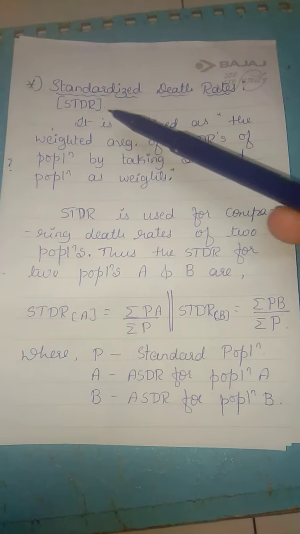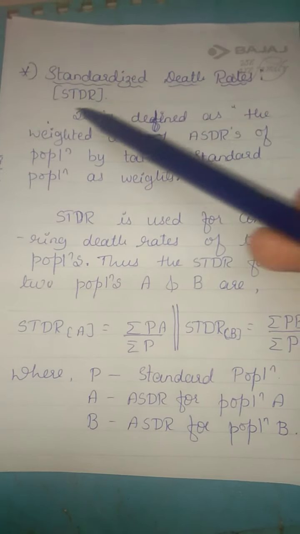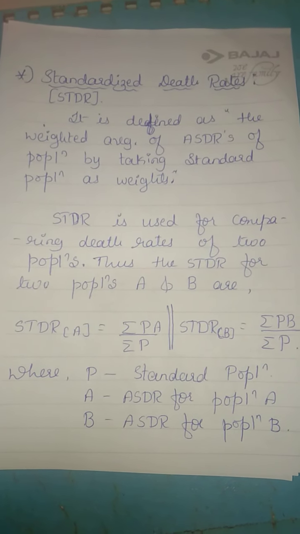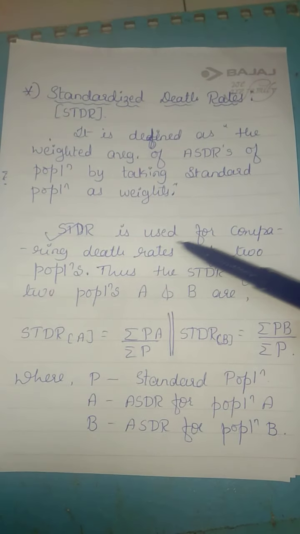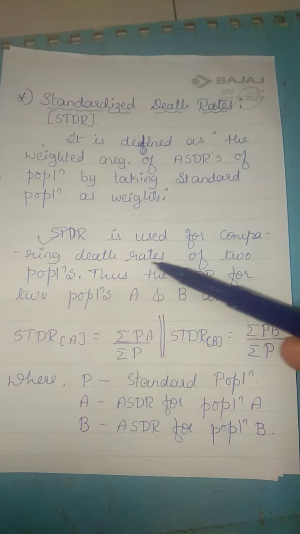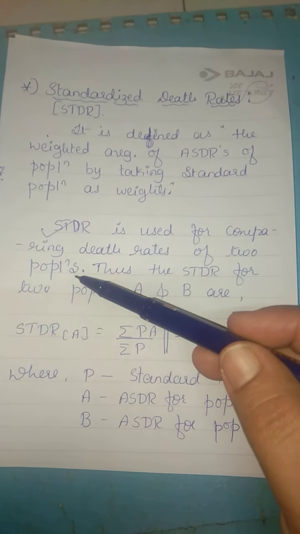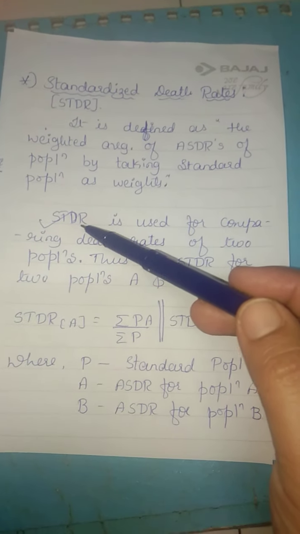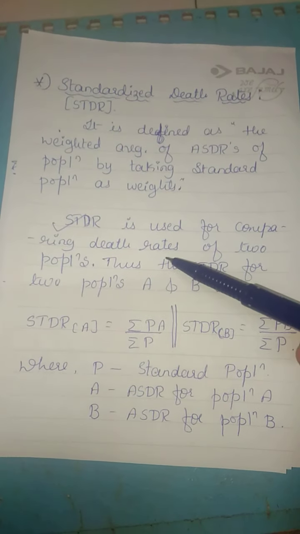Next, we'll consider the next part, that is standardized death rates, STDR. This is very important. STDR is used for comparing death rates of two populations. This is the rate we use to compare the death rates of two different populations.